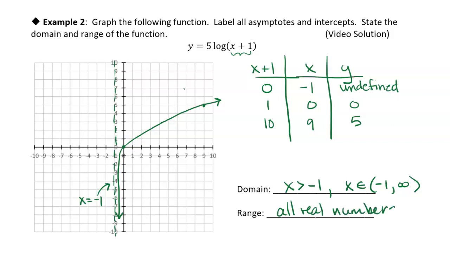Or if we want to write it in interval notation, we could say y is an element of negative infinity to infinity. We know that the range of the regular log, the common logarithm, is all real numbers, and if we multiply all real numbers by 5, we still get all real numbers. So you could think of it that way as well.